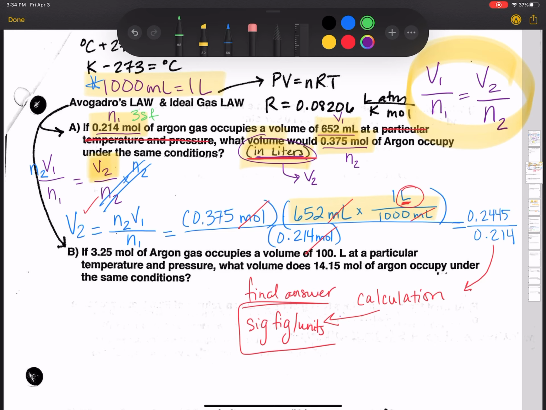So 652 milliliters, this is also 3 significant figures. And 0.375 moles, that's also 3 significant figures. So when you give me your final answer down at the bottom, you're going to make sure that you're going to give your answer in 3 significant figures.